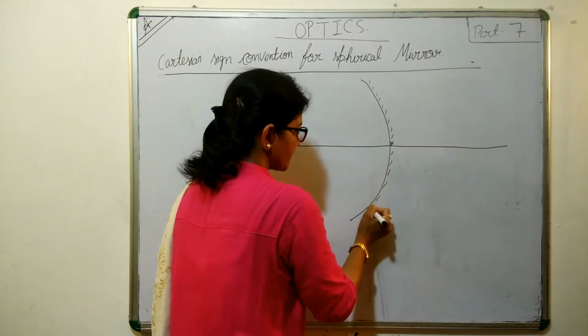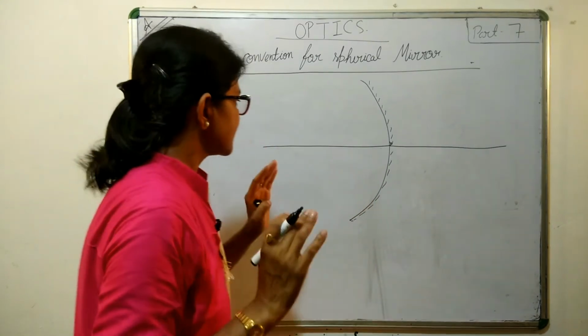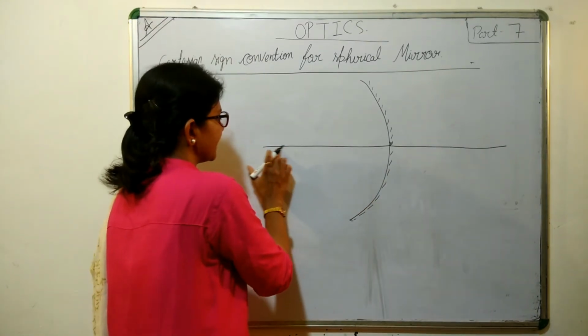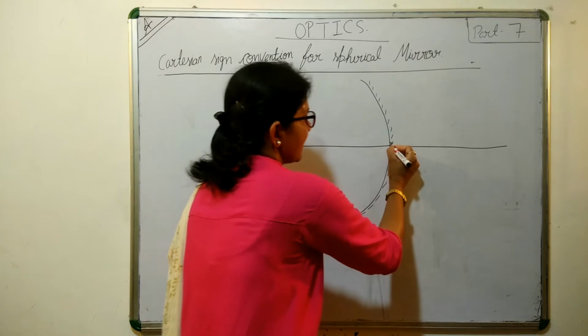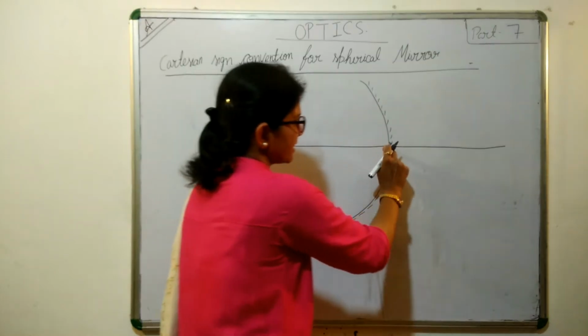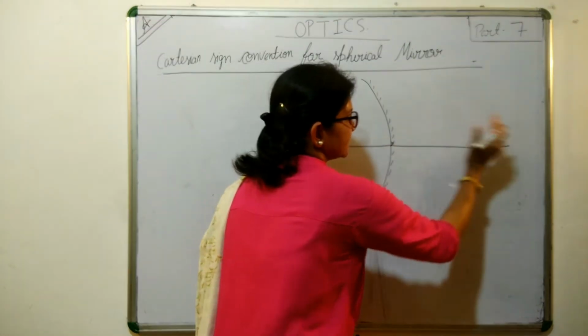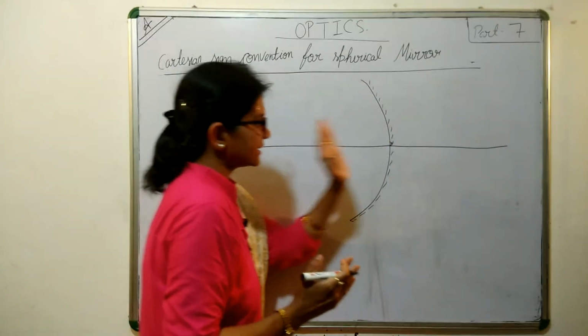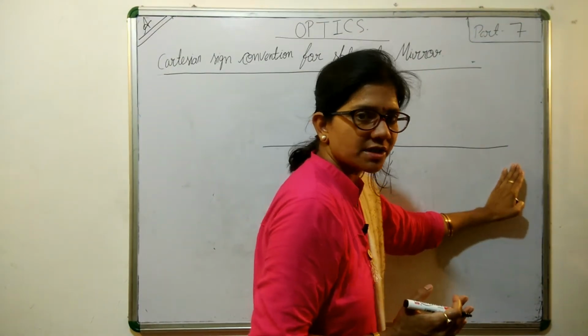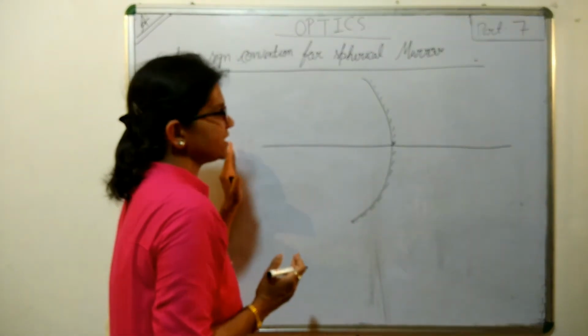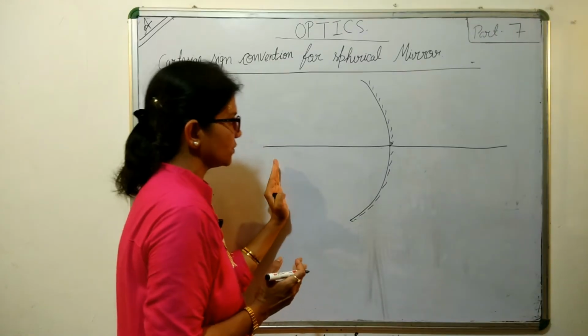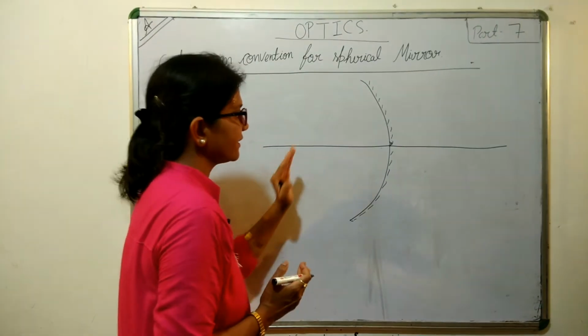Now, as you have seen in coordinate geometry, if this is your point of origin, then toward the right side it is always positive, and the distance toward the left side is always negative.